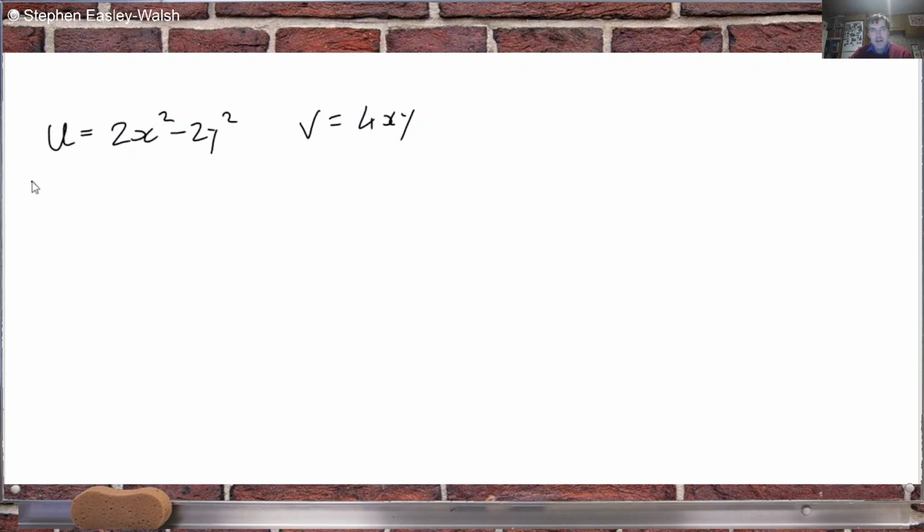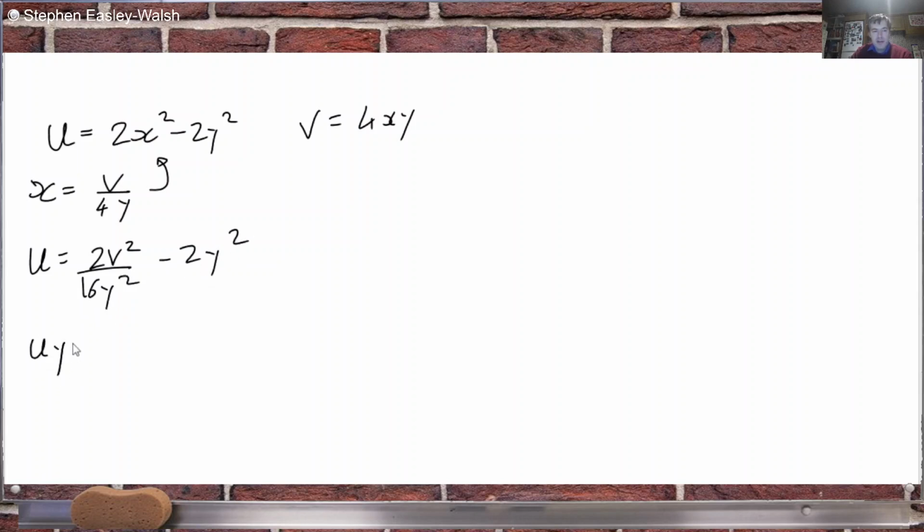Let's eliminate x out first. So, yeah, we have x equals v over 4y. Sub that in. So I get u equals 2x squared minus 2y squared multiplied by y squared.